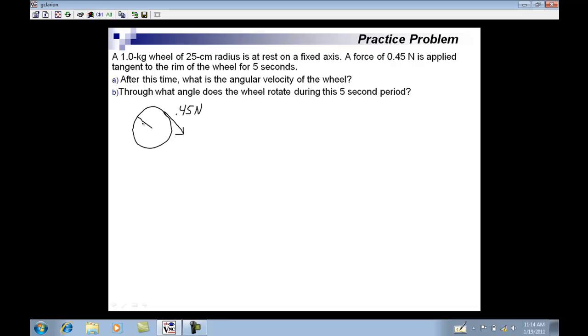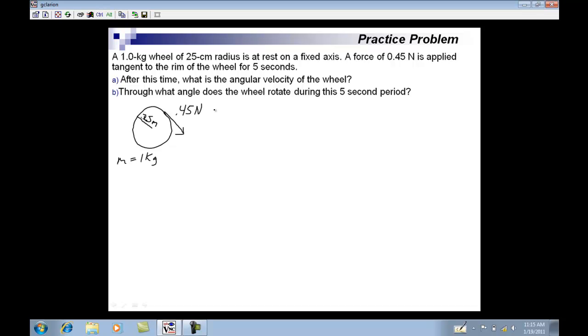Good, 0.25 meters. We know the mass is 1 kilogram. This force is applied for 5 seconds, and after this time, what is the angular velocity of the wheel?